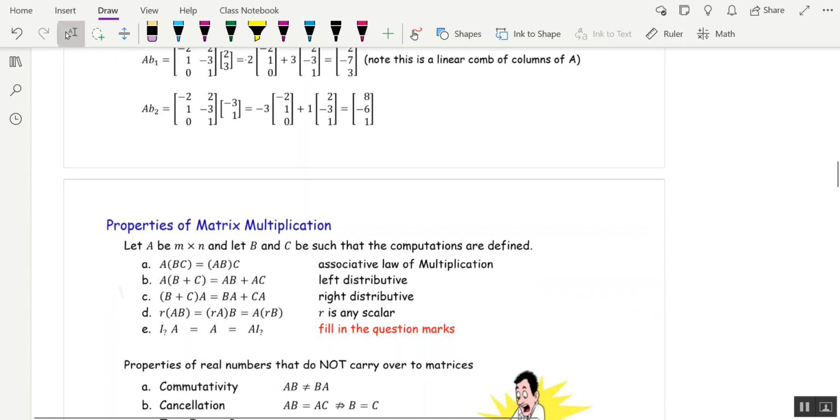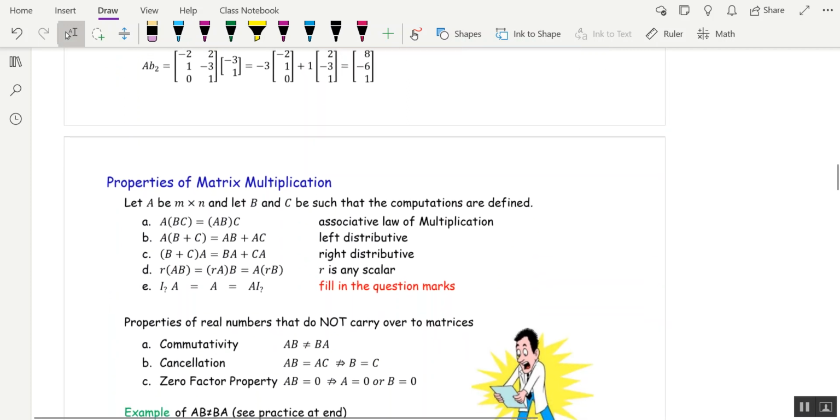Okay, properties of matrix multiplication: associative, left distributive, and right distributive in terms of multiplication. And the reason why we need two different distributive laws, left and right, is because we don't have commutative.